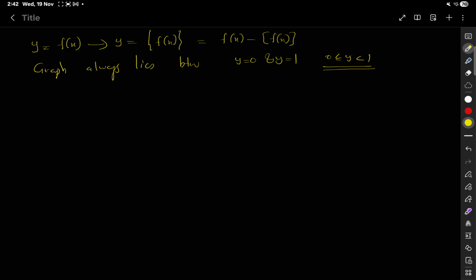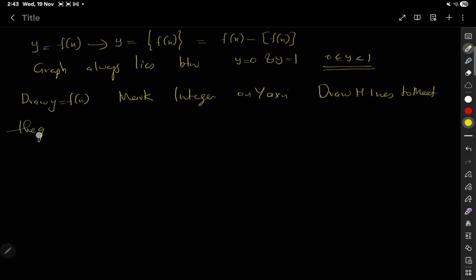So what you need to do is, first draw y equal to f of x. Then, as we did for greatest integer, mark integers on the y axis, draw horizontal lines to meet the graph, then find the corresponding x values. Then you will get a portion of the graph between every integral slab.